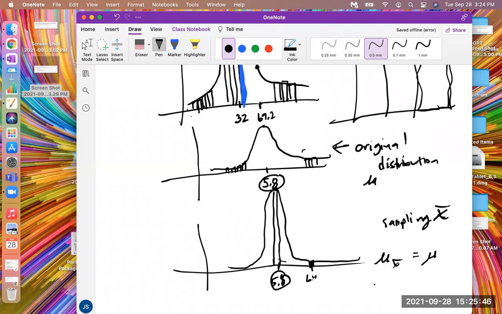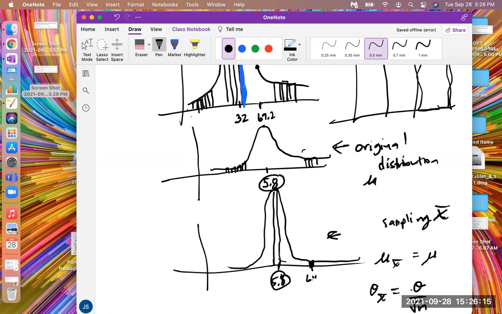Now the standard deviation of the sampling distribution is going to be smaller. See how it's a thinner spread, a thinner hill. So that's going to change, and I believe, though I have to double check this, it's the original standard deviation over the square root of n.